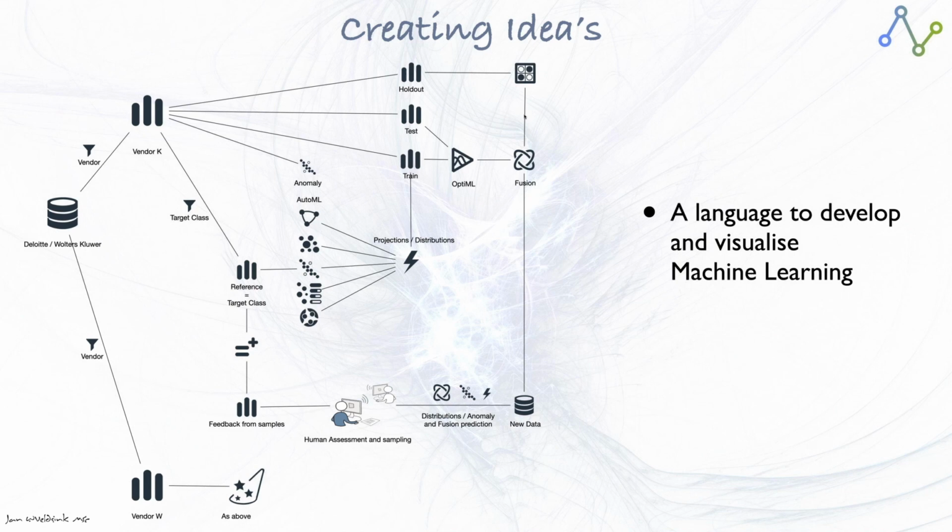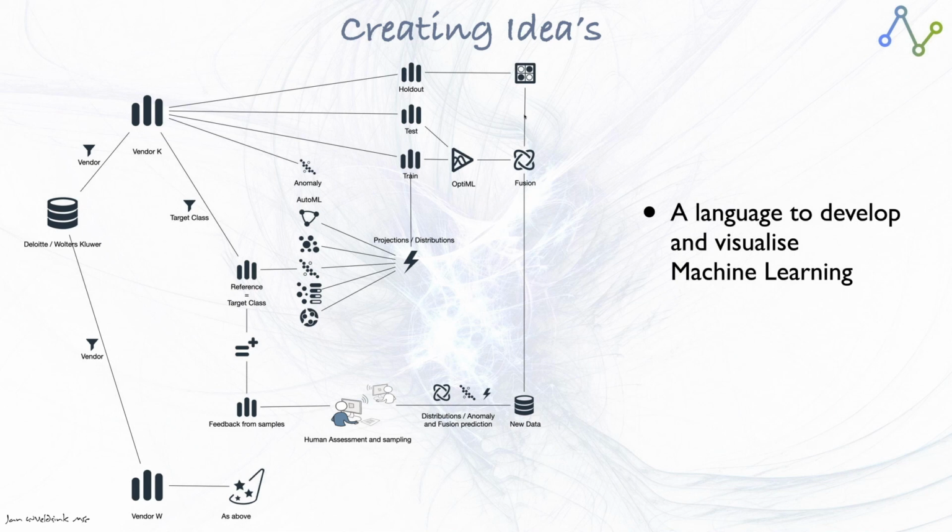And then we do the normal things like AutoML with association discovery, topic modeling, clustering, let's say PCAs, and bring that data to a test and training set, and then try to learn from that and make a fusion out of that.